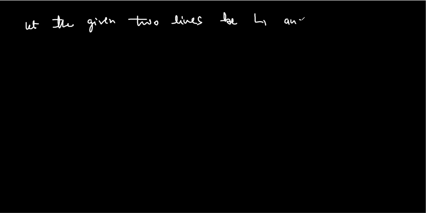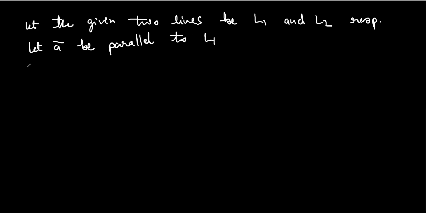So the solution will start as follows. Let the given two lines be L1 and L2 respectively. Let A bar be parallel to L1 and B bar be parallel to L2.